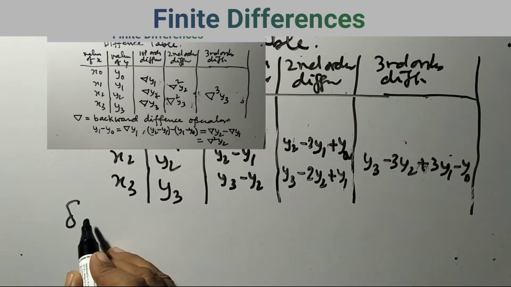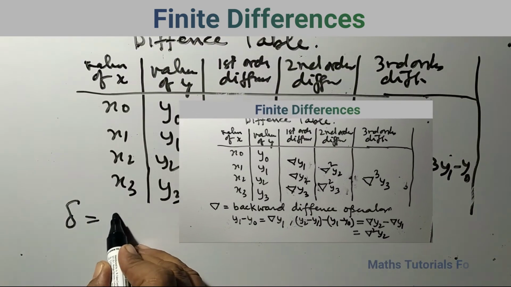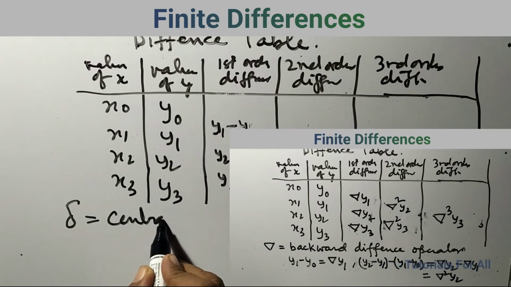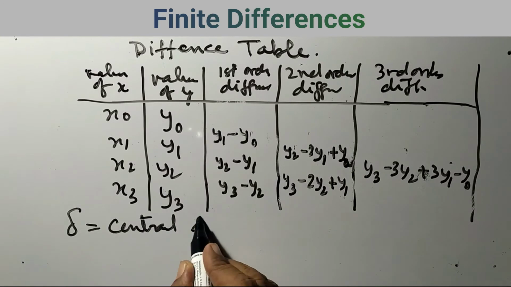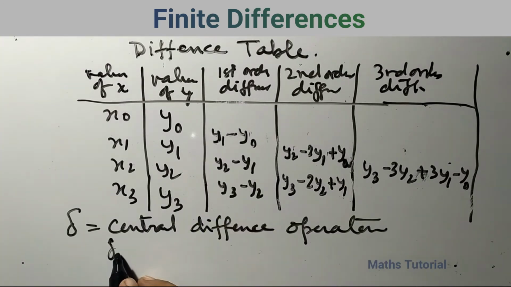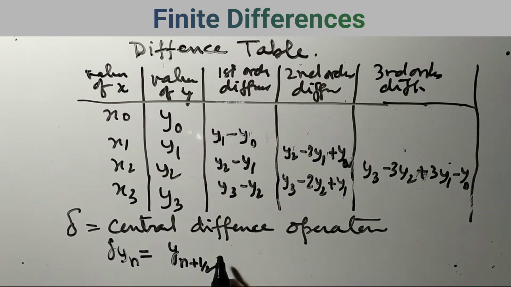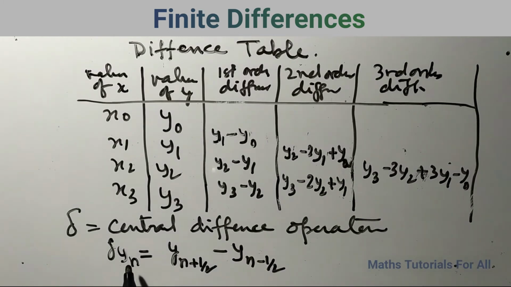Now, again, small delta is called the central difference operator. Delta yn is y(n plus half) minus y(n minus half). That means yn is the center of n plus half and n minus half.